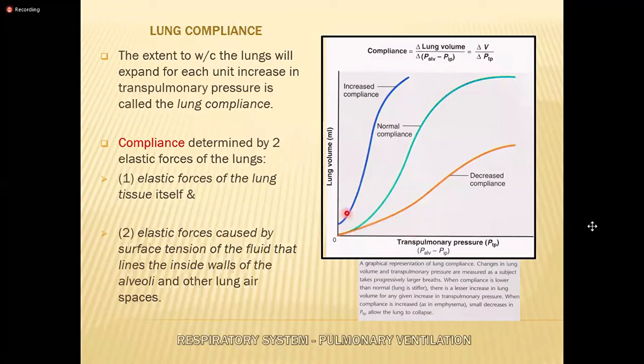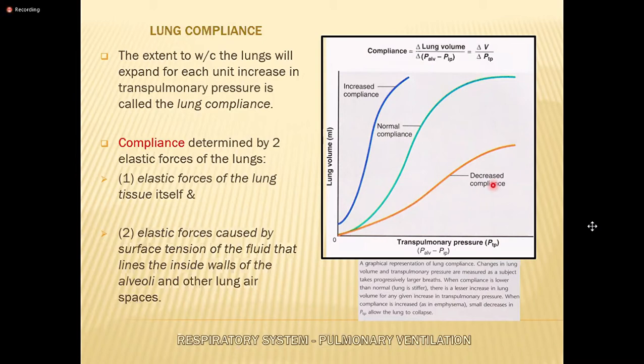If you have increased compliance, what happens to your lungs? It can easily expand, okay? So compliance is determined by the change in lung volume over the transpulmonary pressure, the change in the alveolar pressure minus the intrapulmonary pressure.